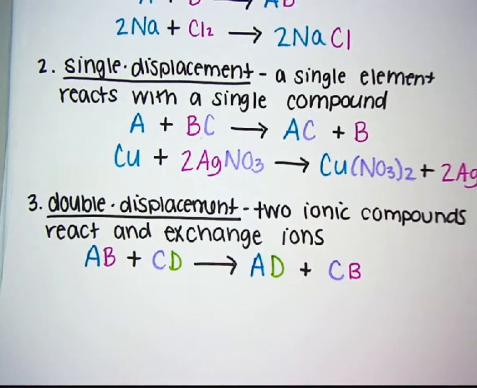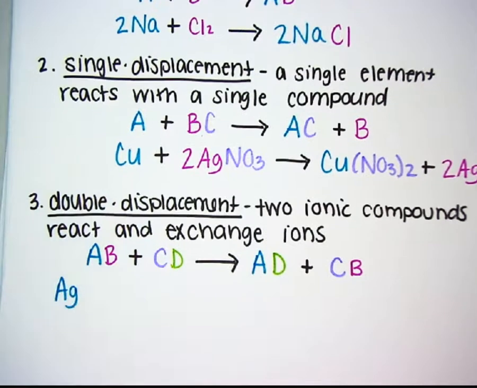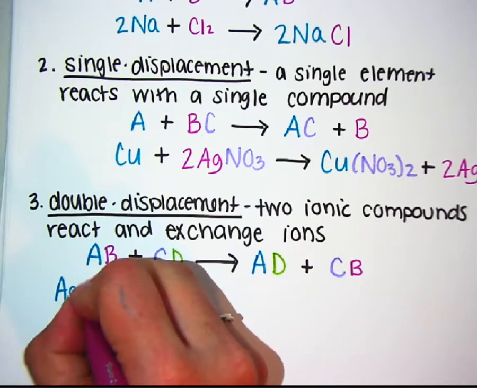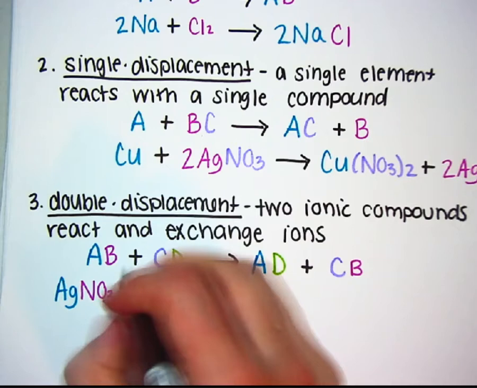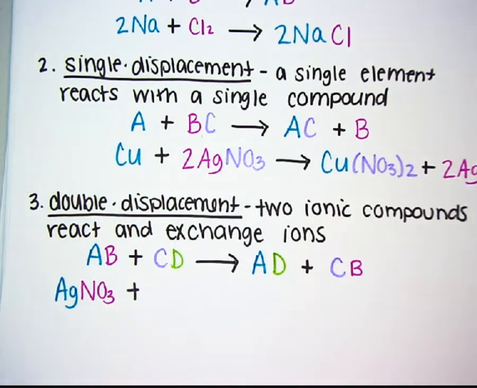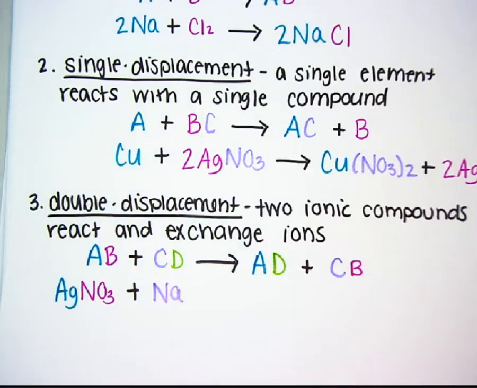All right, let's look at this with some real ionic compounds. Let's say I had silver nitrate plus sodium chloride.